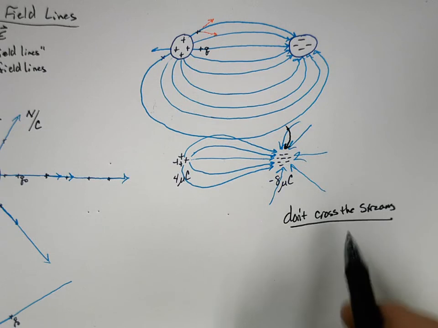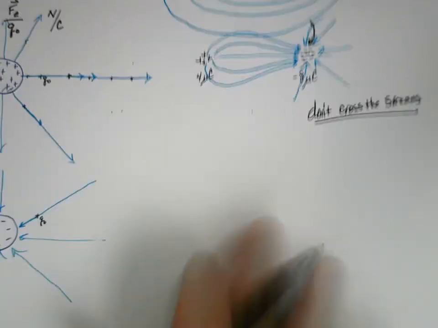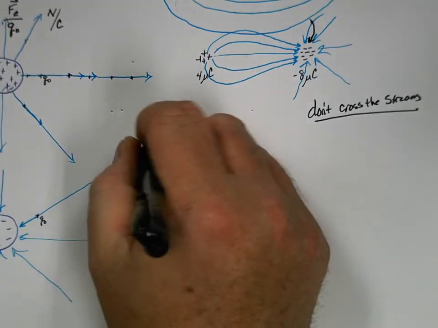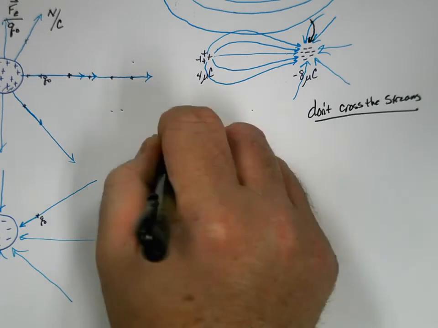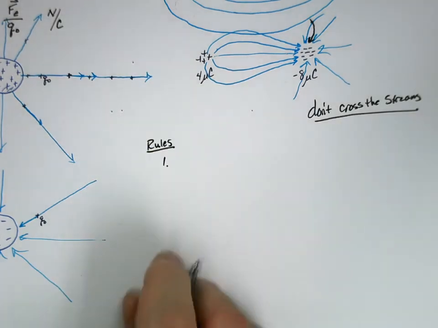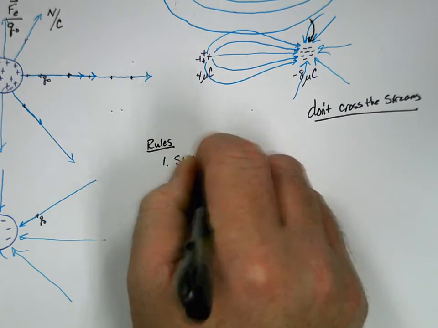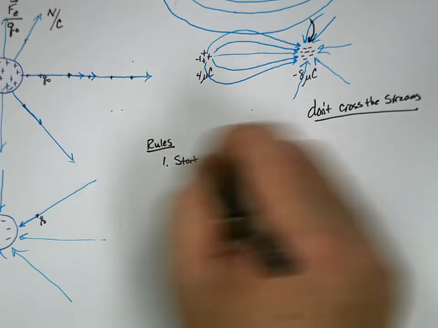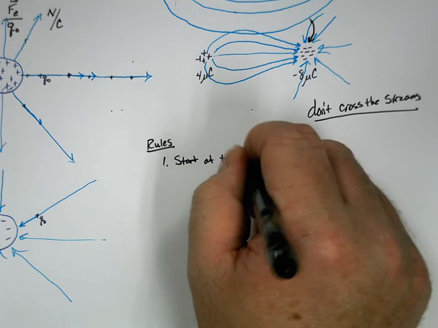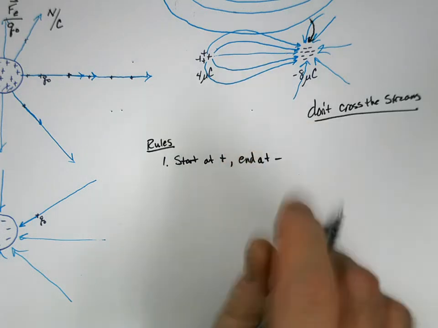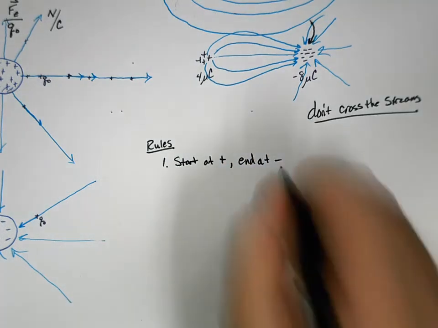So what are the rules? We're going to quantify the rules here. Rule number 1. We start at the positive, end at the negative. Rule number 2.